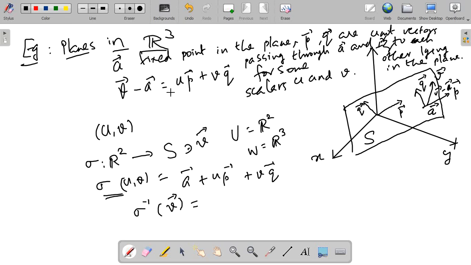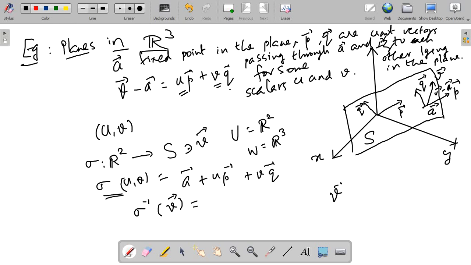So how do I get this? Look at V minus A inner product with P. You will get precisely u. And what is V minus A inner product with Q? You will get v.